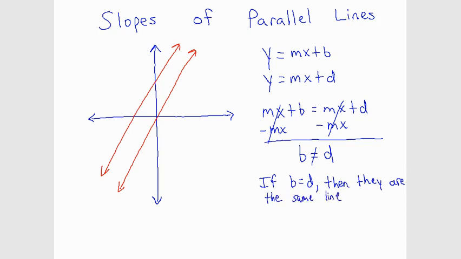Whereas if b does not equal d, then they are parallel lines.